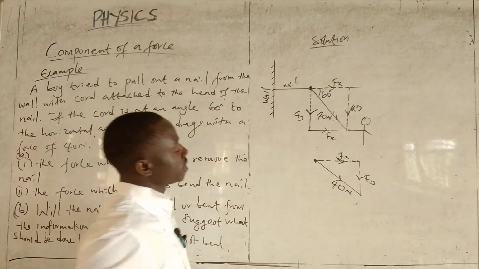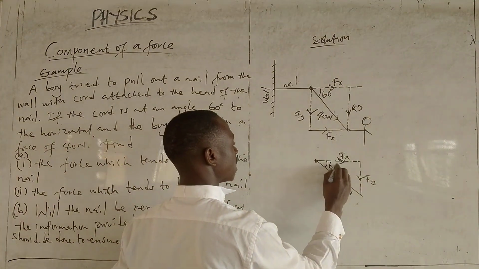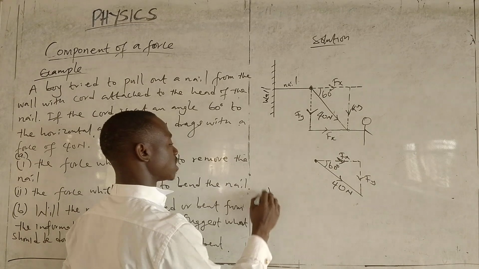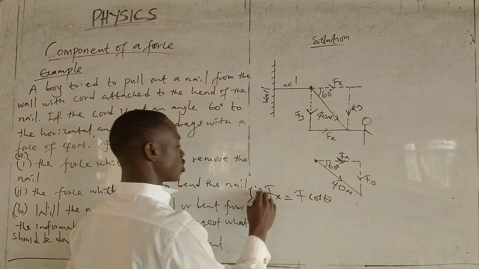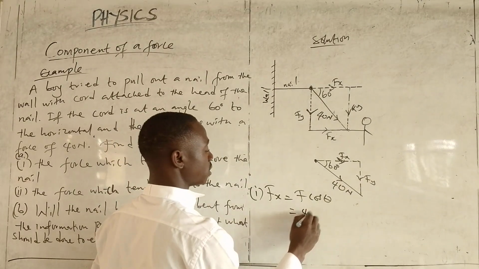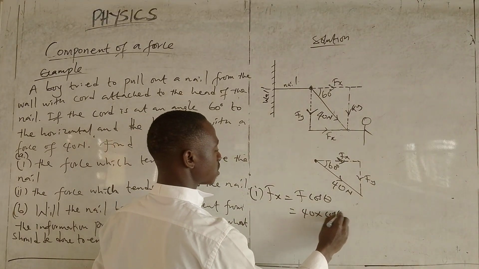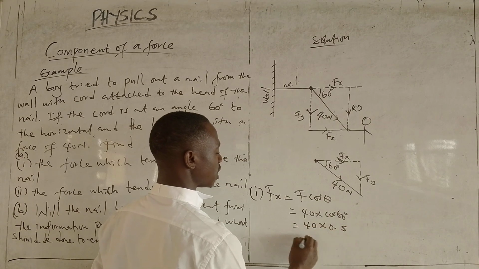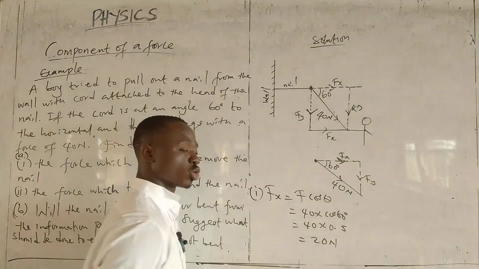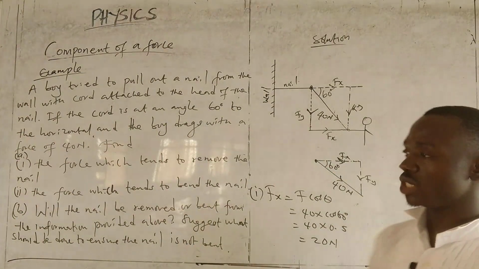So what is Fx? Fx is the force that tends to remove the nail. That's F cos theta, which is equal to 40 times cos 60 degrees. That's 40 times 0.5, and that's 20 Newton. So 20 Newton is the force that tends to remove the nail.